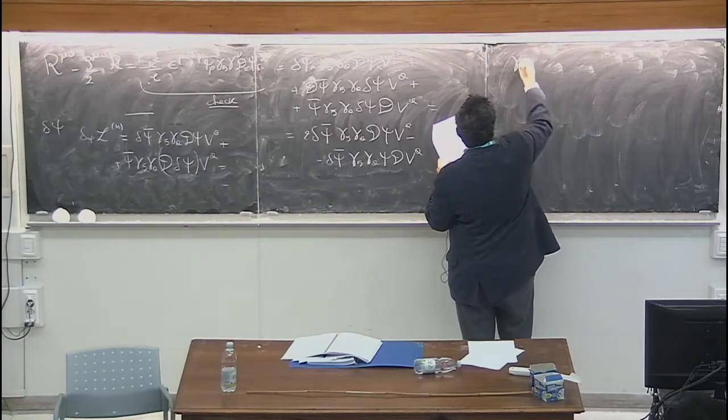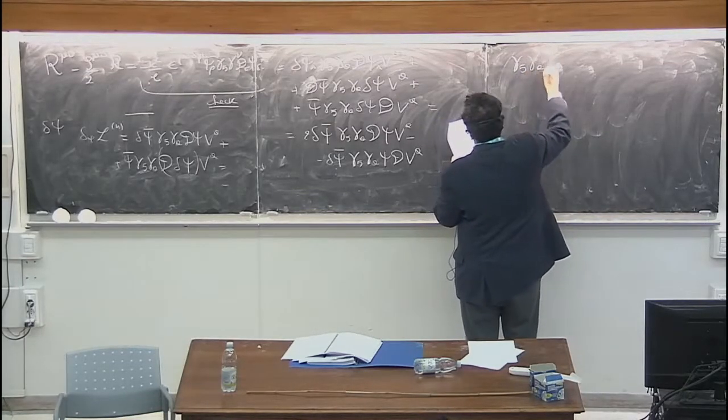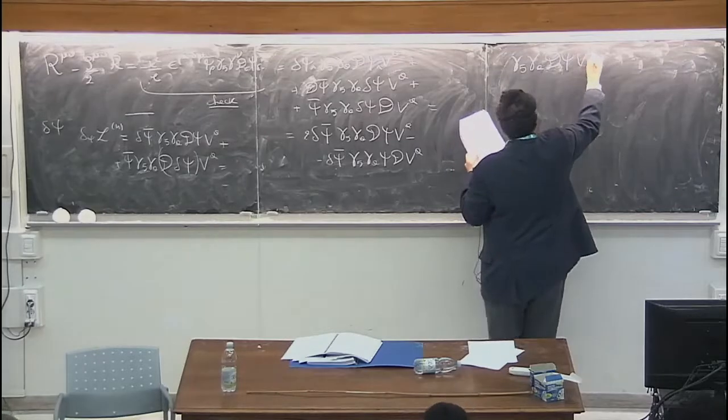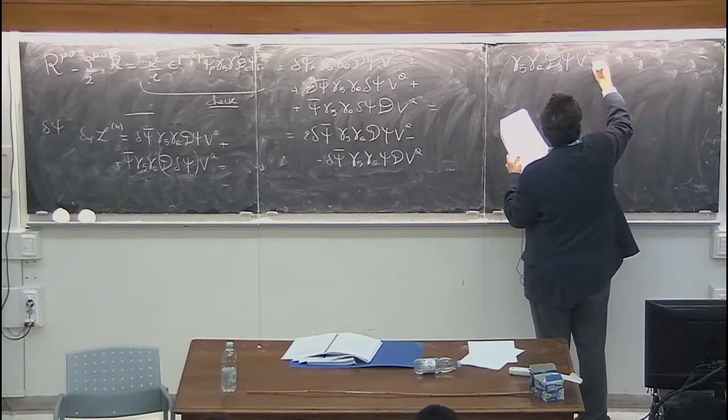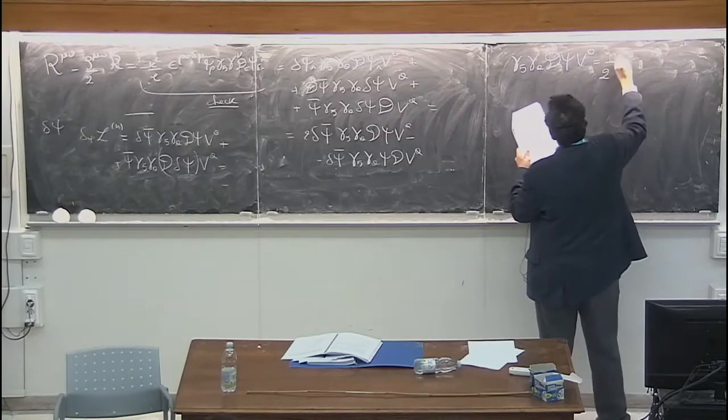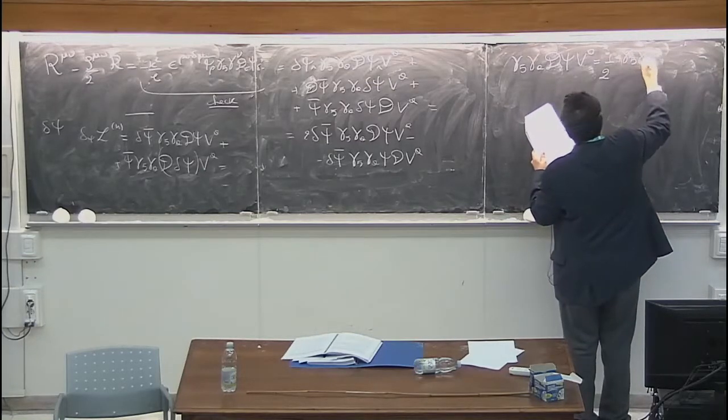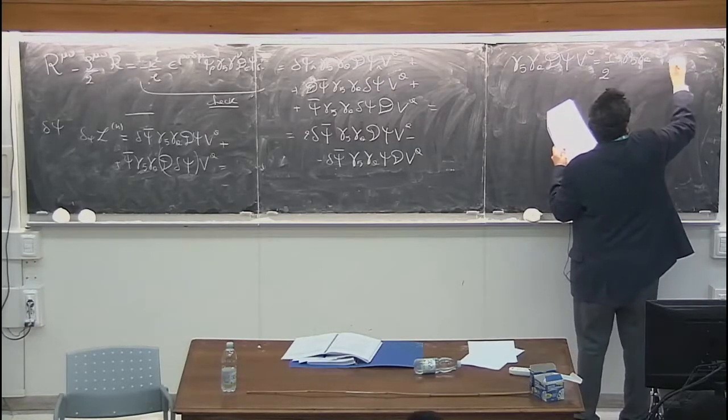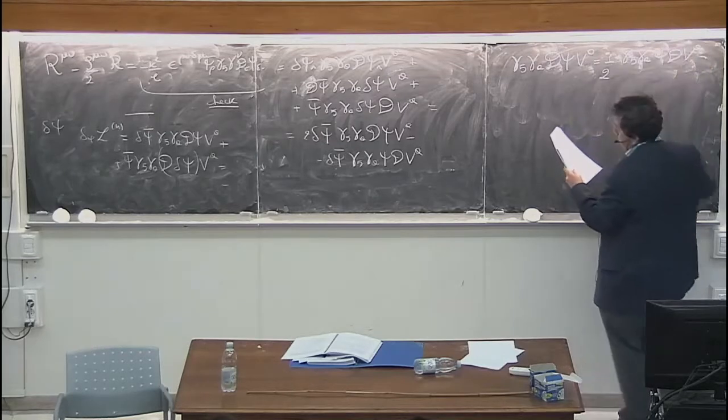And we get gamma 5 gamma a d psi va equals 1/2 gamma 5 gamma a psi d va.